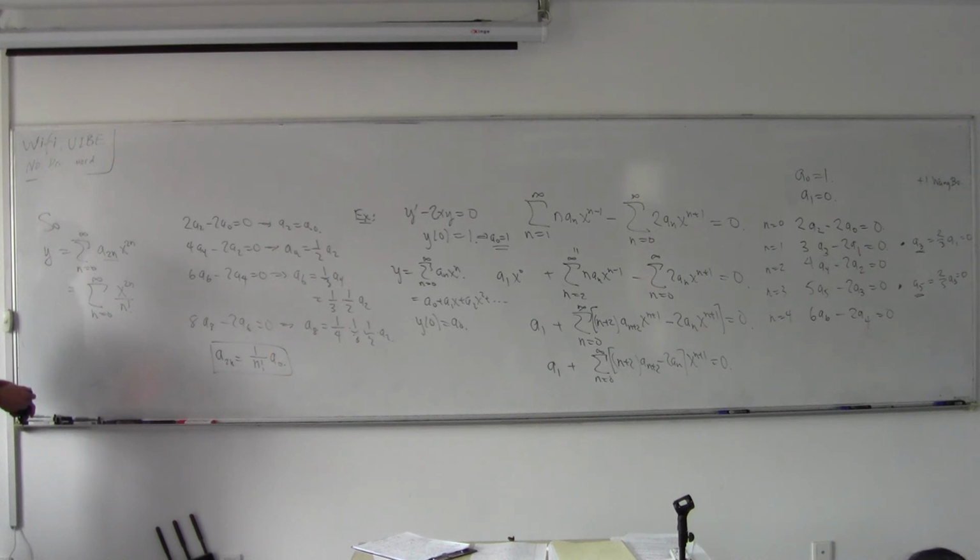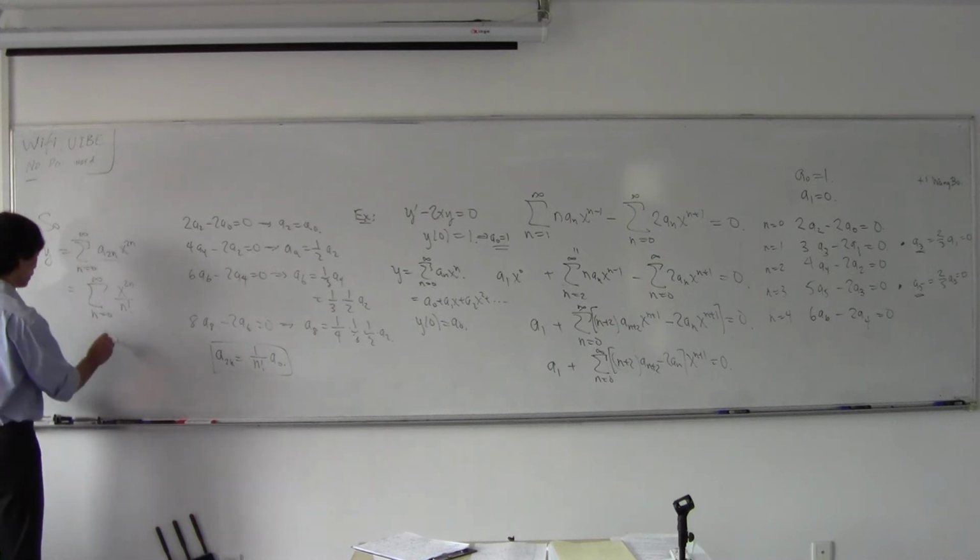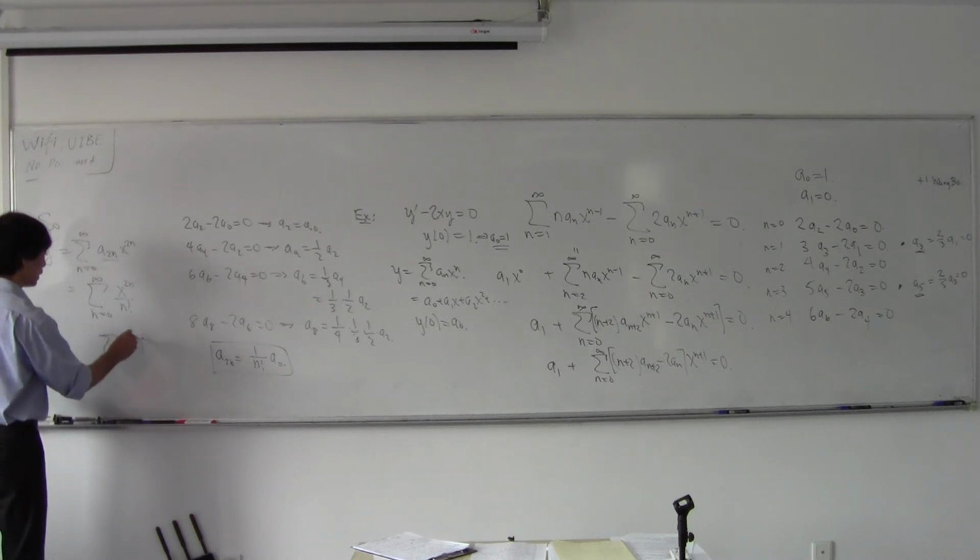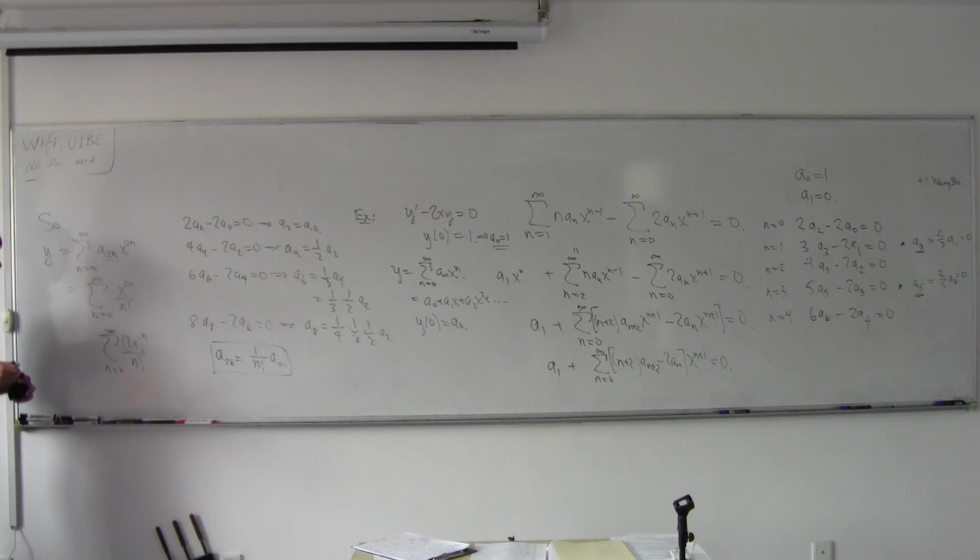Not quite. e to the 2x would be 2x to the n over n factorial, so you'd have 2 to the n, x to the n over n factorial, because e to the x is the summation of x to the n over n factorial.